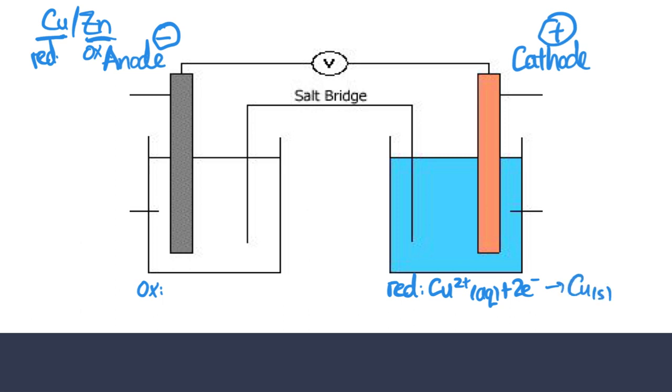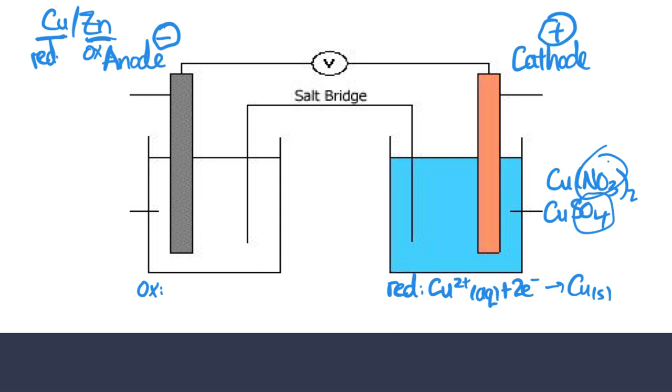Now, I'm picking the 2 plus ion here because most likely this solution is something like copper sulfate, or it might be copper 2 nitrate, something like that. Okay. It doesn't really matter what this other ion is. We know that we just have a solution of copper ions.